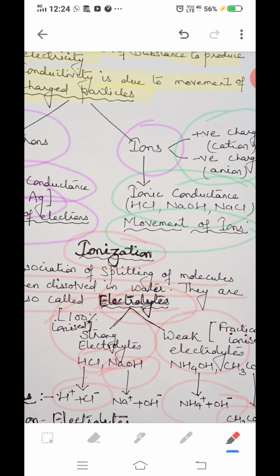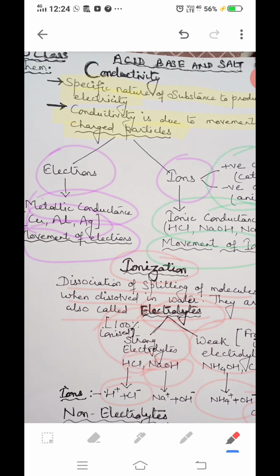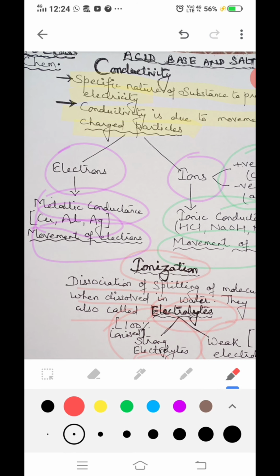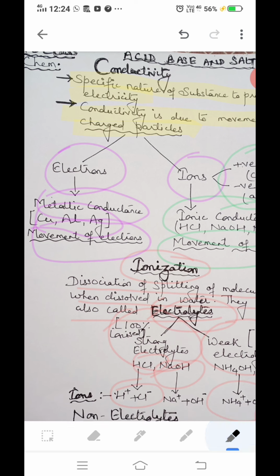Apart from this, there are certain substances which do not get ionized. Such substances are called non-electrolytes. For example, glucose and starch. If you dissolve glucose and starch, then their molecules will also come into movement.